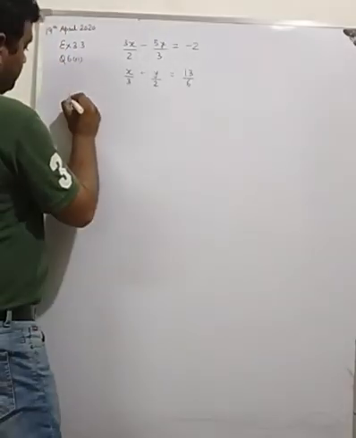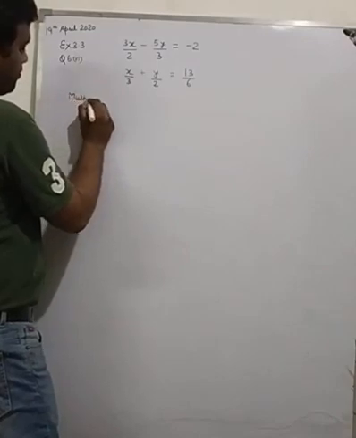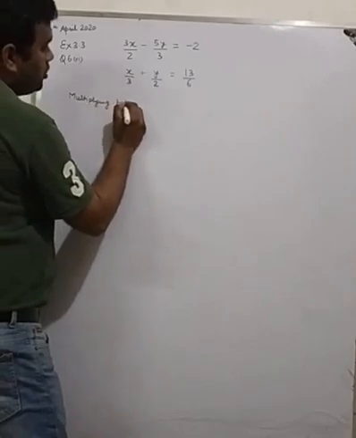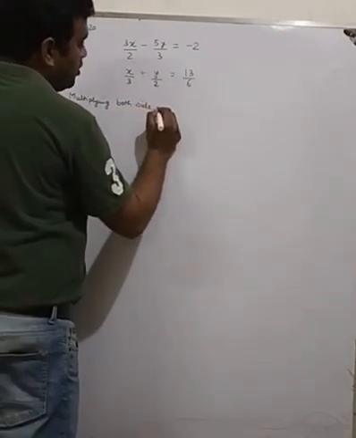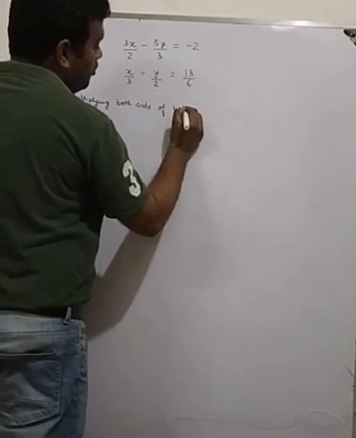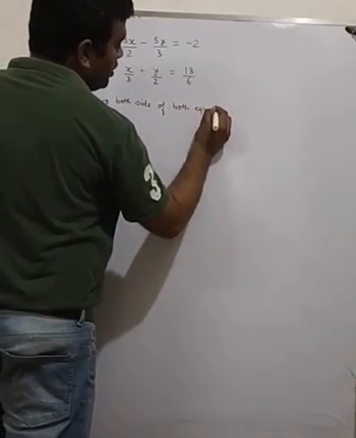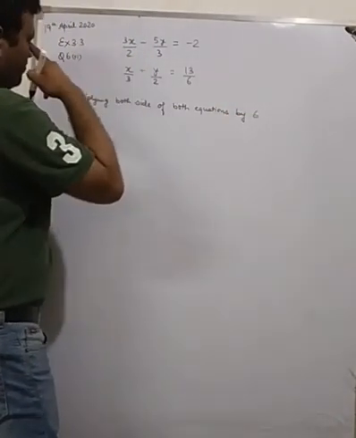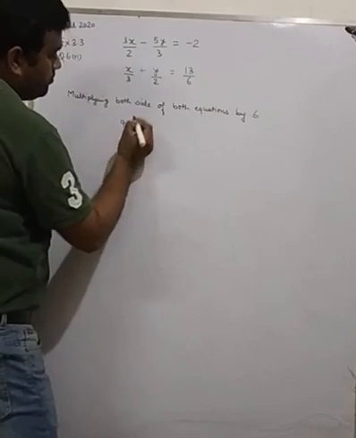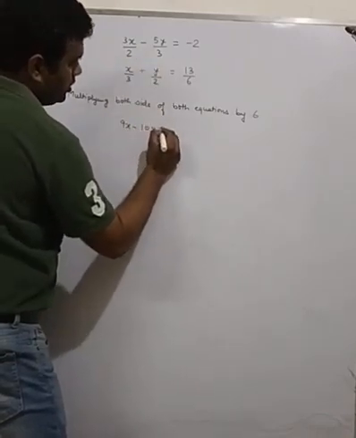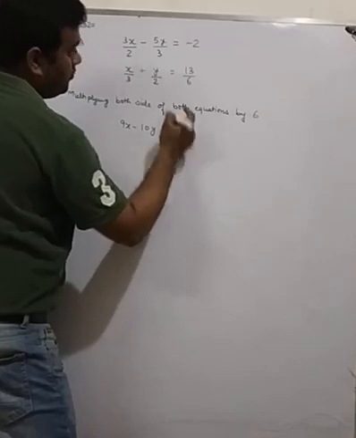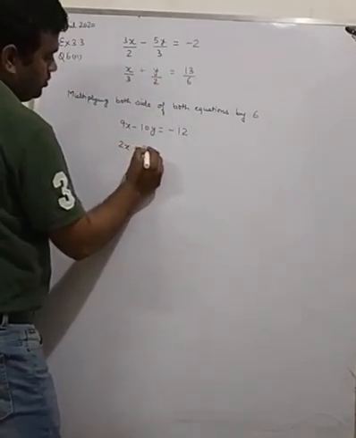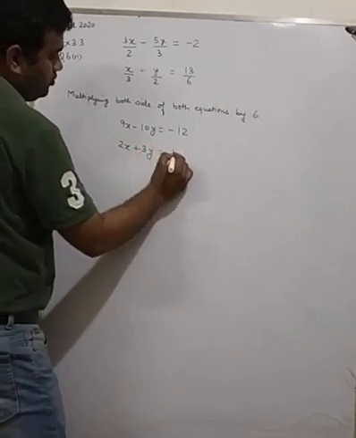So multiplying both sides of both equations by 6, this will become 9x minus 10y is equal to minus 12, and this will become 2x plus 3y equal to 13.